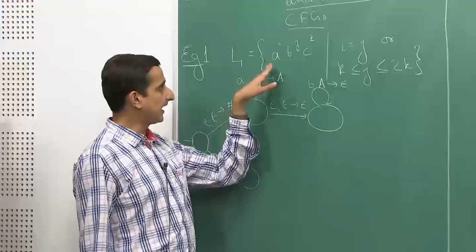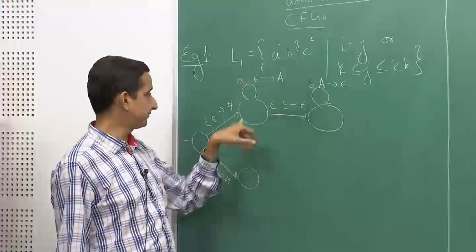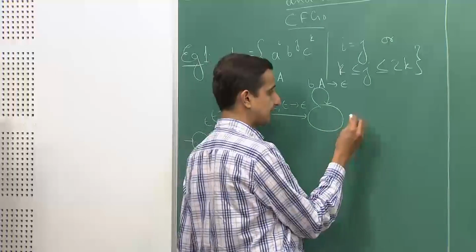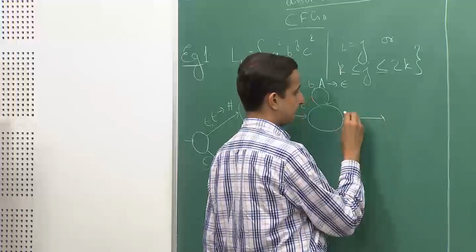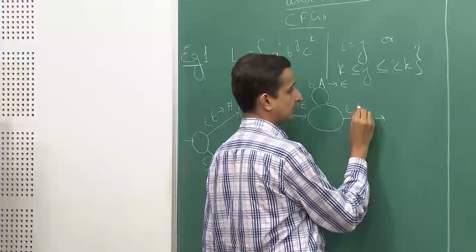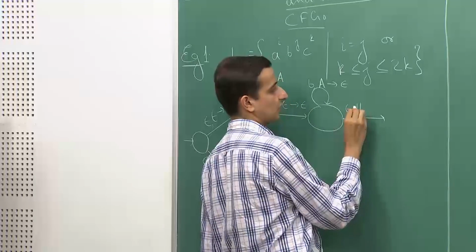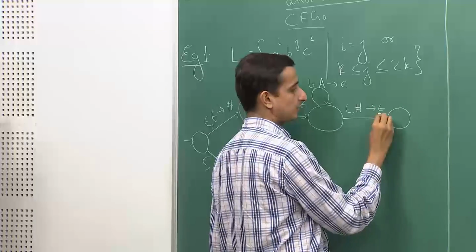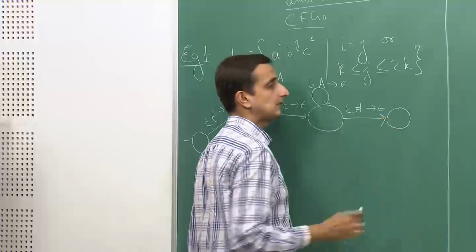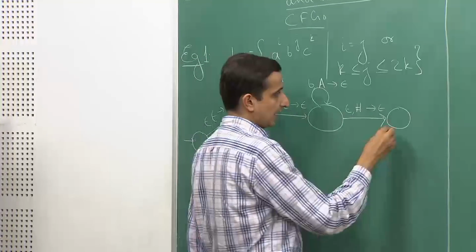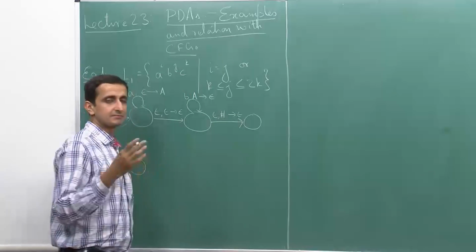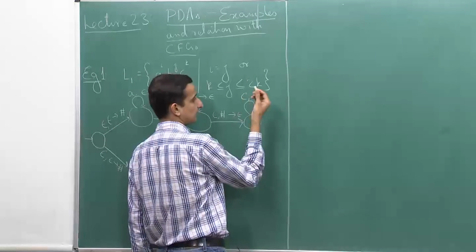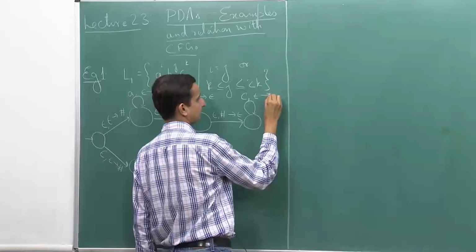Now, at the end of seeing all the a's and b's, if I have only the symbol hash on the stack, I know that i is equal to j. So, if I have hash on top of the stack, I will just remove it. I know that i is equal to j, and in this state I will just see an arbitrary number of c's. If I see a c, I do not do anything to the stack.